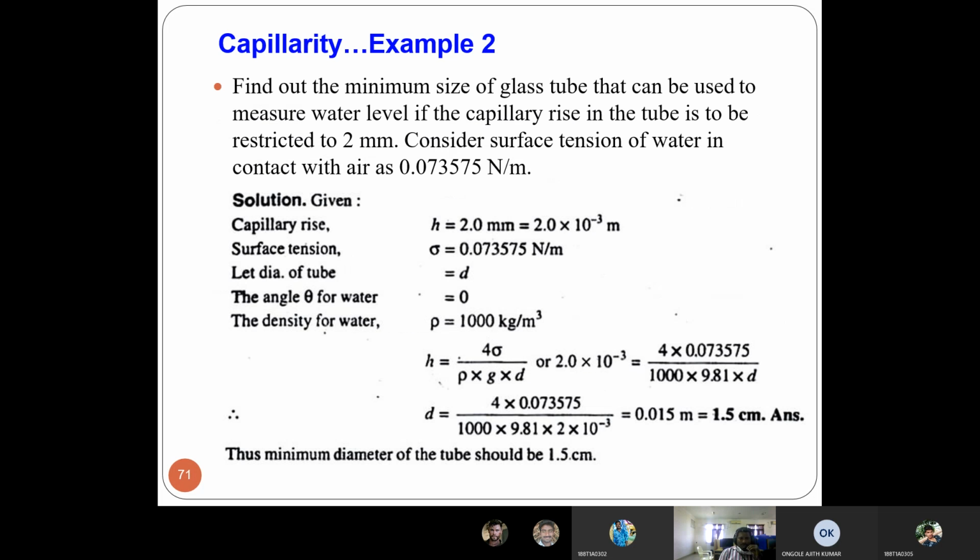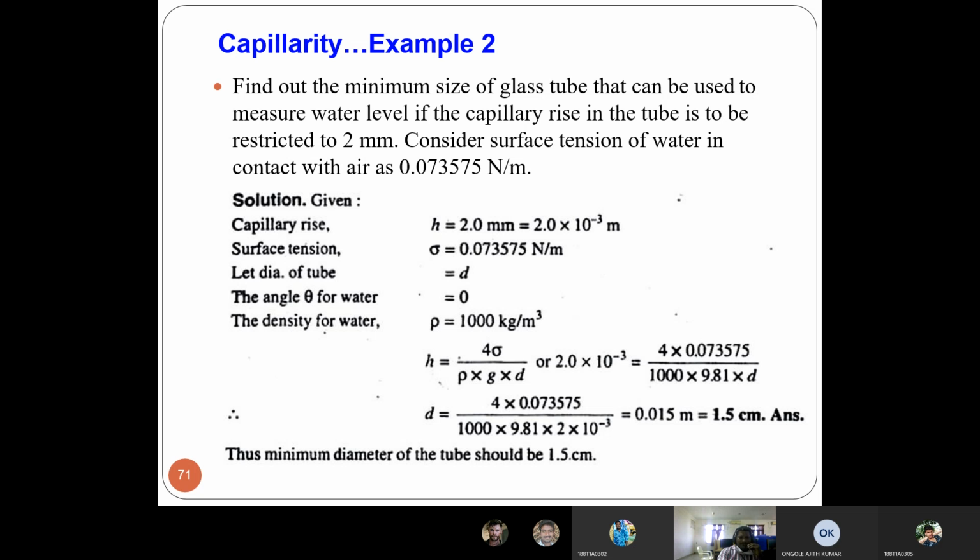See one more problem. Find out the minimum size of glass tube that can be used to measure water level if the capillary rise in the tube is to be restricted to 2 mm. Consider the surface tension of water in contact with air is 0.073575 Newton per meter.